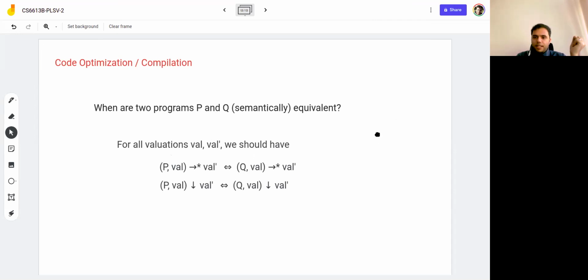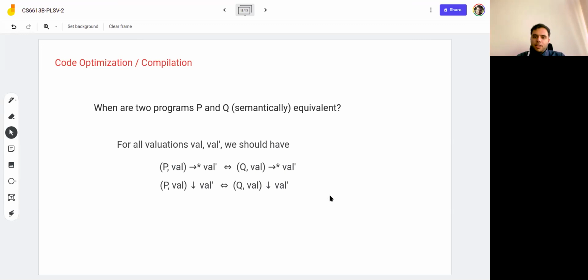Yes, our current syntax doesn't express that. But we had also a non-deterministic while language in the previous session. So this is actually independent of the syntax, right? What I'm saying is that suppose I have a language and I have defined the semantics for it. And now I am defining what it means for two programs to be semantically equivalent.